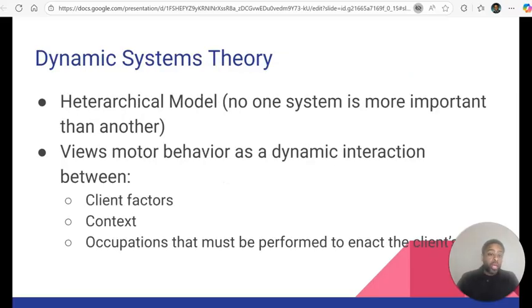It is also strongly related with the dynamic systems theory, which essentially postulates that no one system is more important than the others, and motor behavior is through this dynamic interaction between the person's client factors, which is the motor, visual, sensory capacities, and then the occupations in which the person has to engage within their specific context.